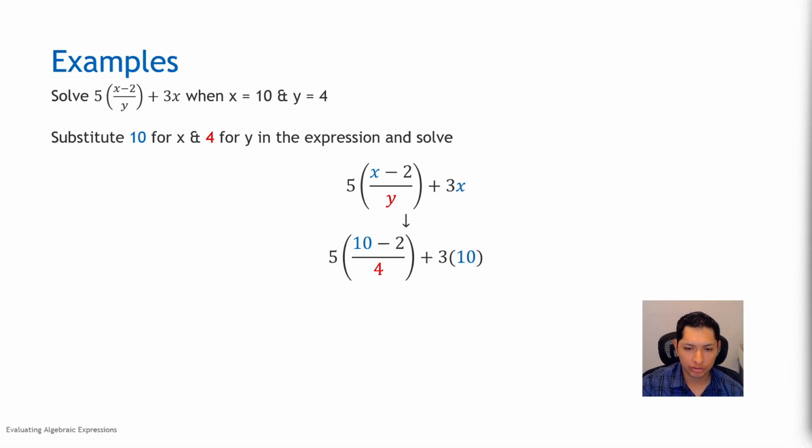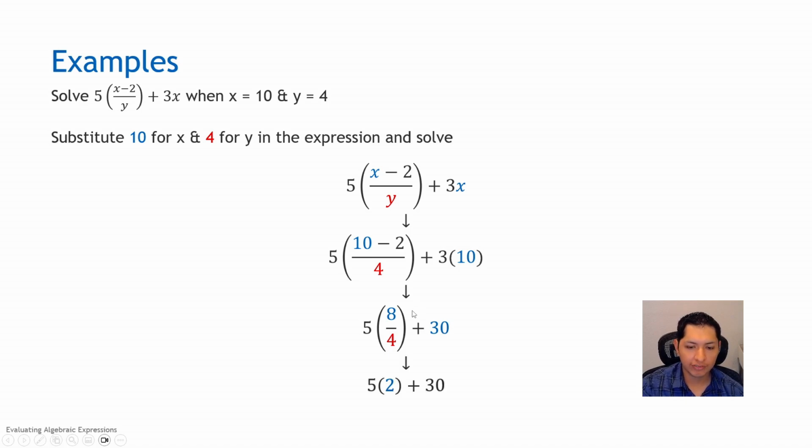We can also solve the 3 times 10, and we get 5 times 8 over 4, plus 30. Looking at what is inside the parentheses, 8 over 4, fractions are also division problems, so it's 8 divided by 4, and that becomes 2. So it's 5 times 2 plus 30. We solve 5 times 2, that becomes 10 plus 30, and added together, that gives us 40.